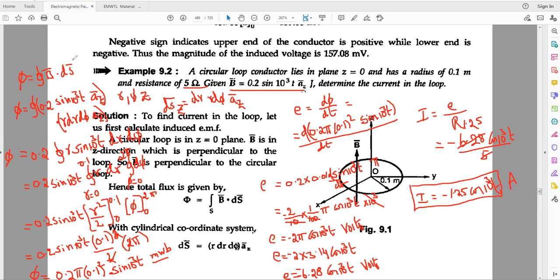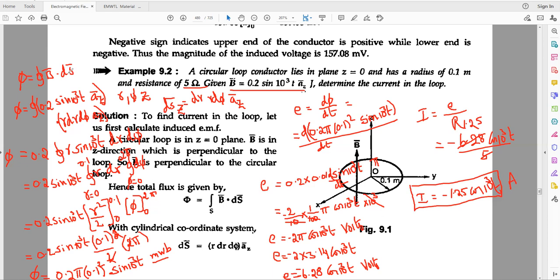Got it, my students? Therefore, for the given data, a circular loop conductor lies in plane Z is equal to 0, has a radius of 0.1 meters and a resistance of 5 ohms, given with B bar is equal to 0.2 sine 10 cube into t a_z bar. Determine the current in the loop.